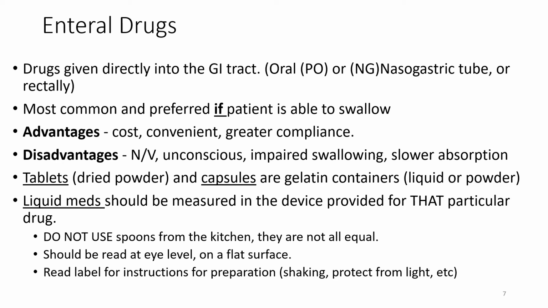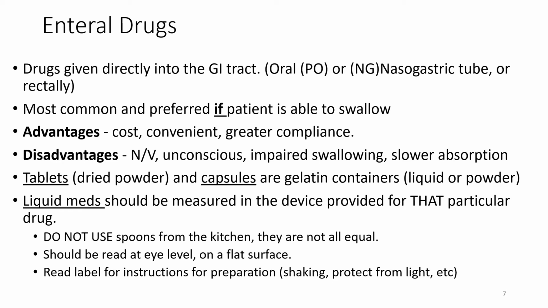So one of the other disadvantages to enteral medications, of course, is it has to pass through the GI tract in order to get to its absorption site. So again, we go back to gastric emptying, and then that first pass effect. Remember, the first pass effect always takes away some of the availability of that medication.